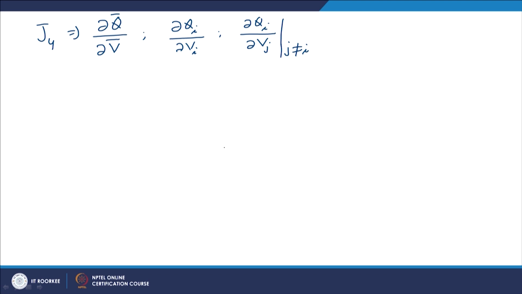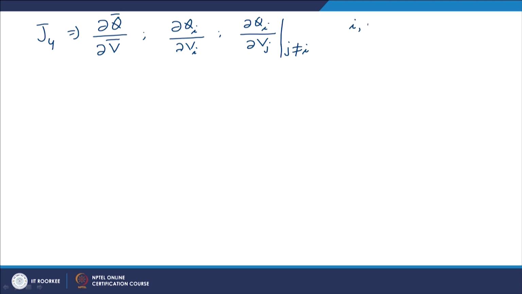J4 is ∂Q/∂V, and it has got two terms, ∂Q_i/∂V_i and ∂Q_i/∂V_j, where j is not equal to i.